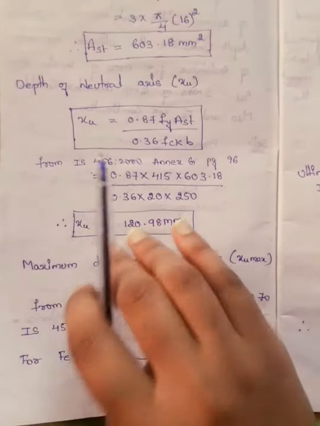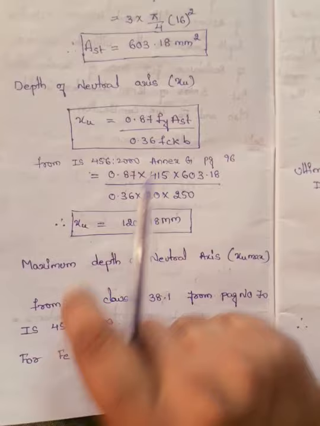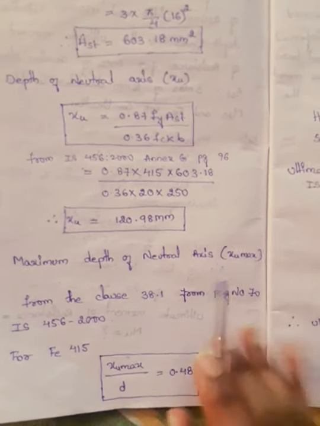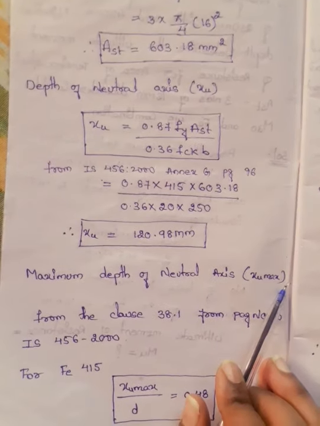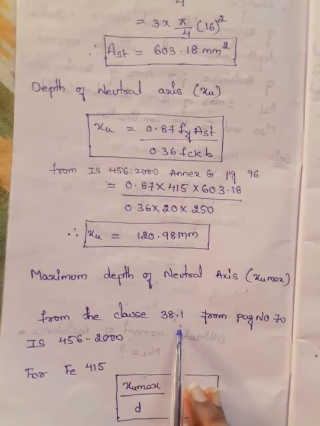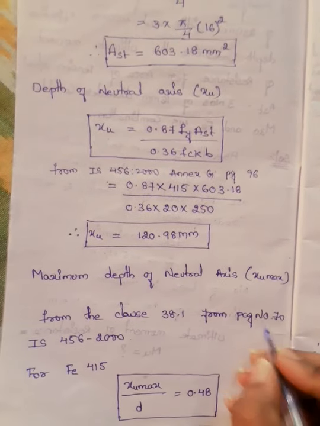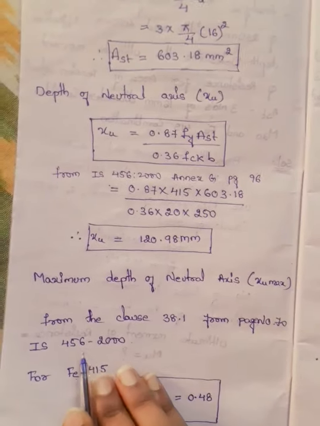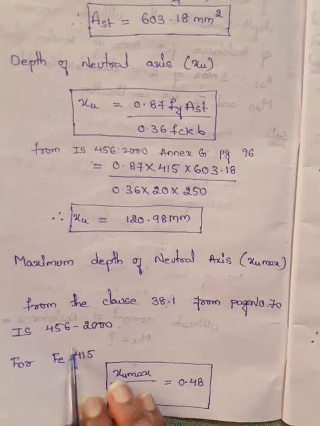Now we need to find Xu max, because based on Xu and Xu max only we are finding the type of section. So now the maximum depth of neutral axis, Xu max, from clause 38.1 on page number 70 of IS 456-2000. We have the formula for Fe 415.